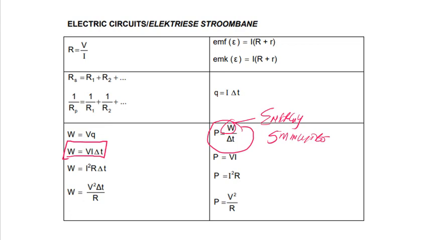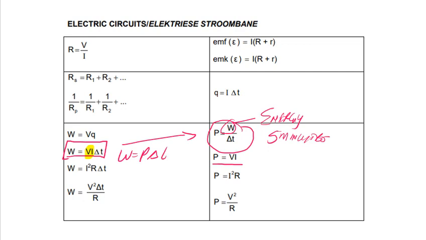Then, before I can do this, remember, you see the power is equal to VI. So if you substitute power there, P, it will take you back to this formula. These two formulas are the same. So you're going to have W is equal to P change in time.